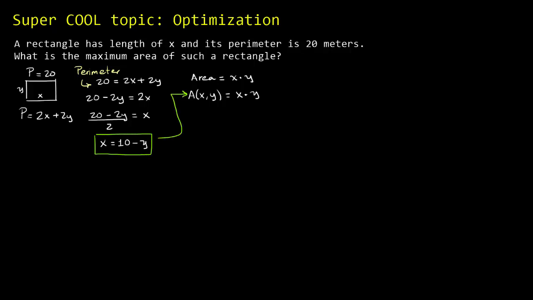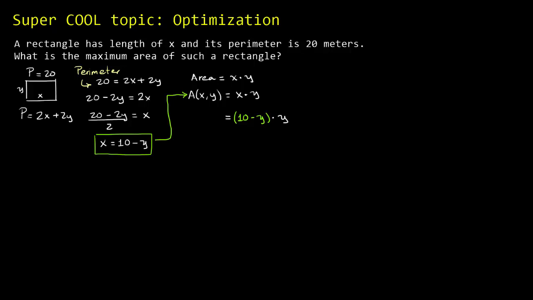If you substitute this equivalence for x, you will find yourself with only one variable. We found that x was equal to 10 minus y, and then this will be times y.